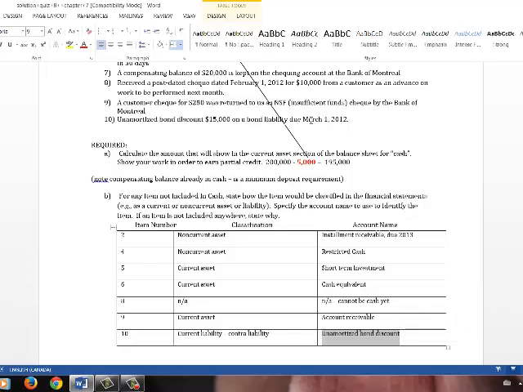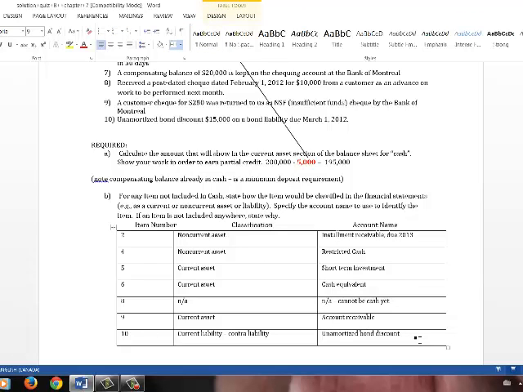Remember, the bond payable would be its face value less the unamortized discount to give you the bond payable at carrying value. So I would accept if you said a current liability and bond payable here as well, because it really does represent the face value less the unamortized discount, which that $15,000 is your unamortized discount. So you could say it's part of that bond payable. That's okay too. I would accept that.